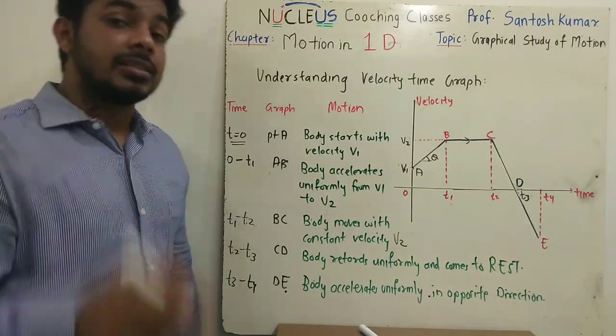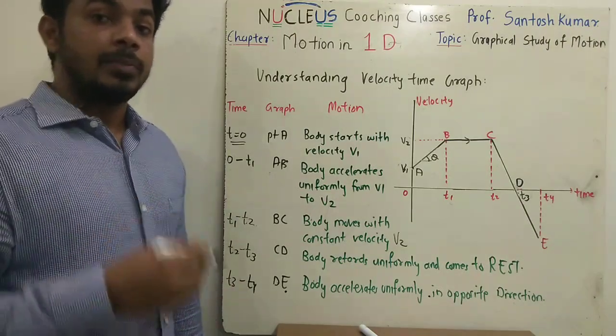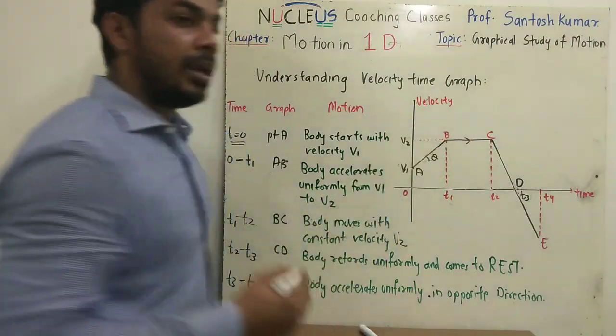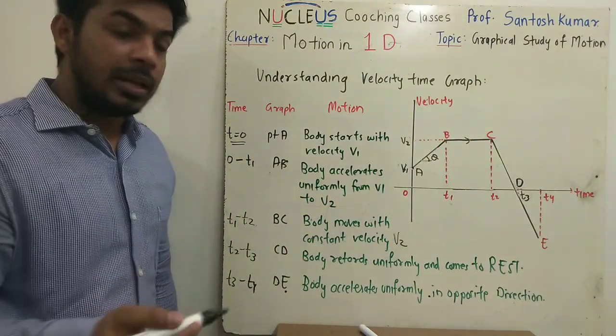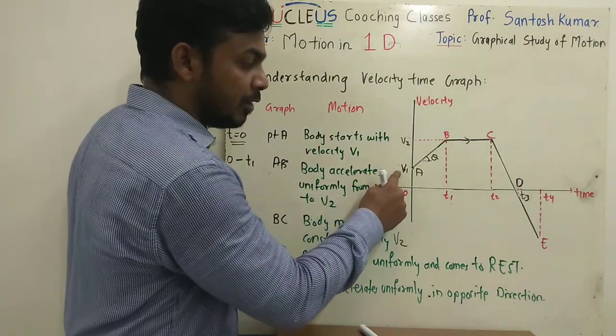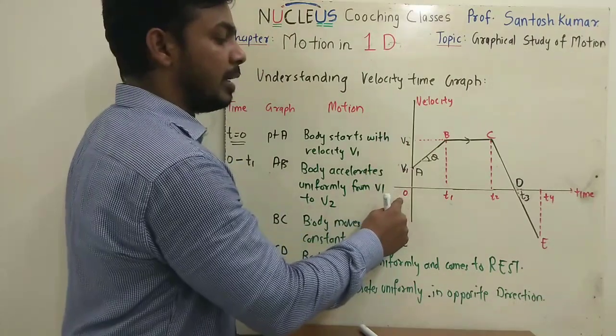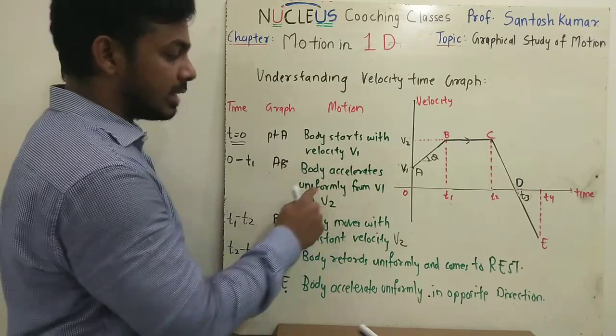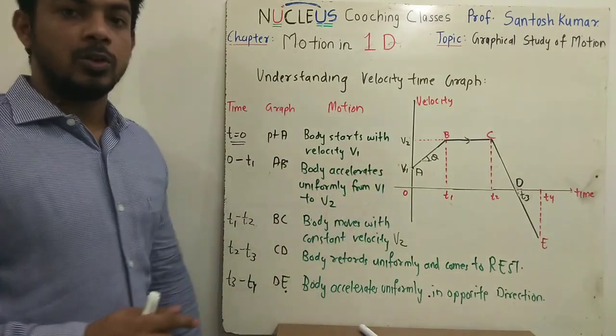That means acceleration is constant and positive. It means it's a uniform acceleration. So graph AB indicates body accelerates uniformly from V1 to V2 in time interval 0 to T1.